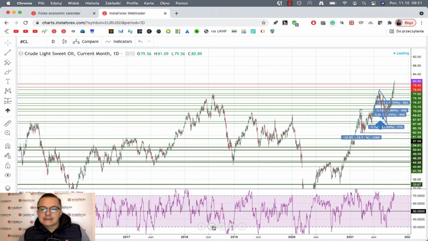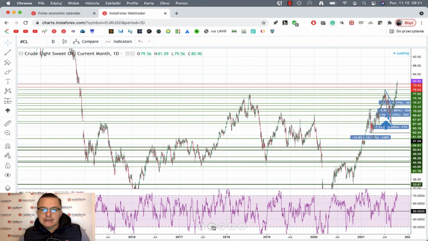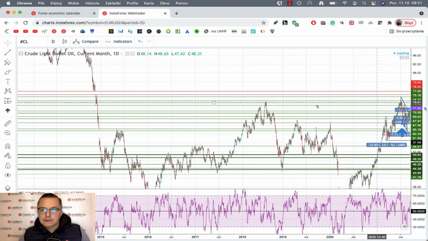So where is the next target? Look at this. The price of oil is at the highest level since 2014. That's very expensive.